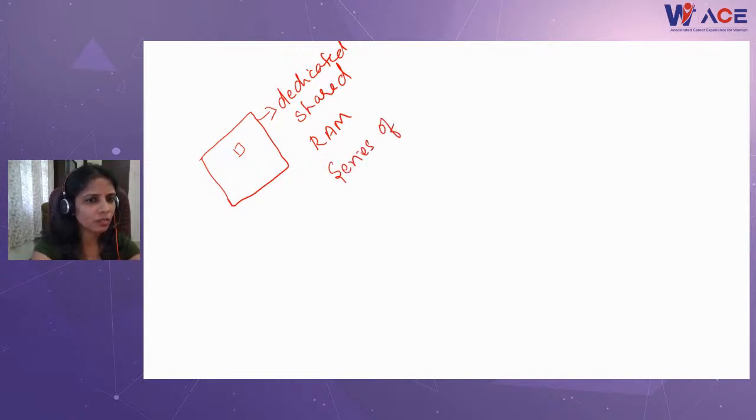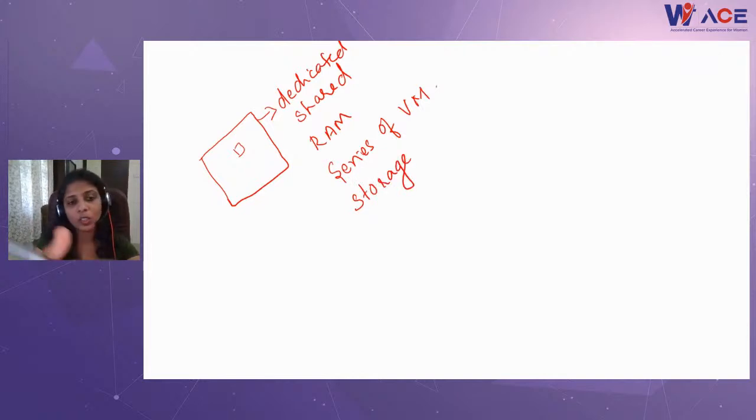There are different configurations; we call it VM series. So what VM series would you like to have, and how much storage space should be allocated for your application, not exactly the VM, for your application. All these decisions you will have to take care of before even deploying your application.